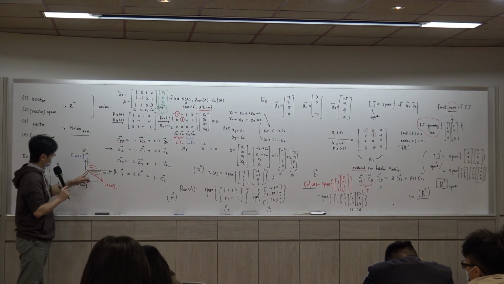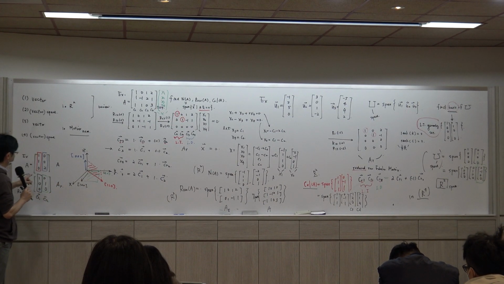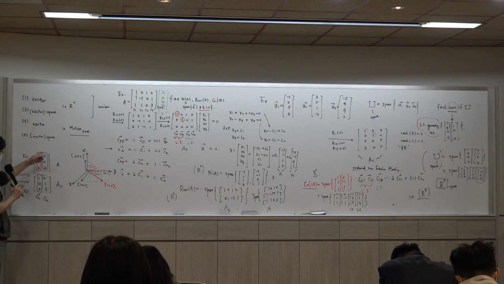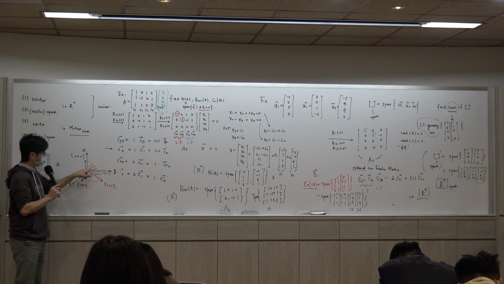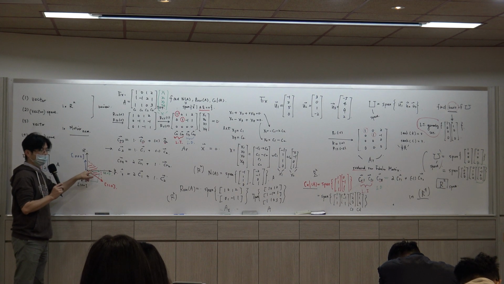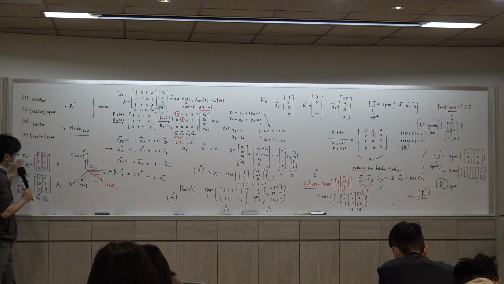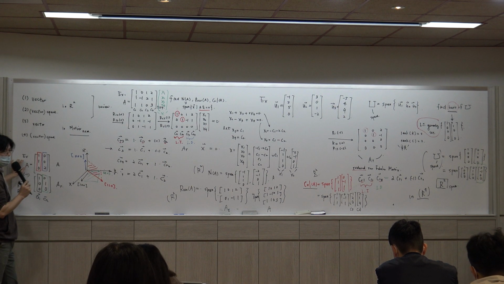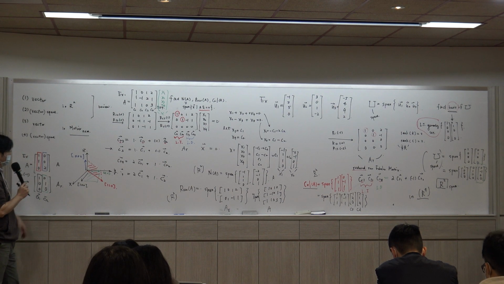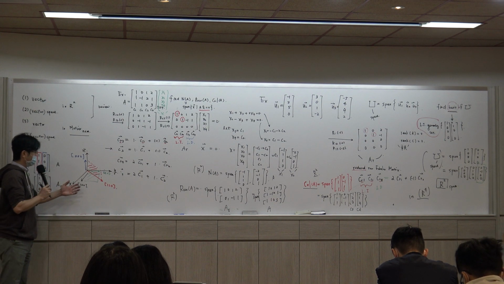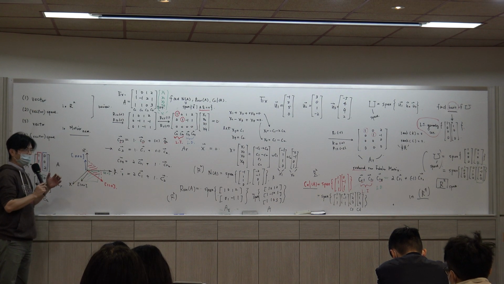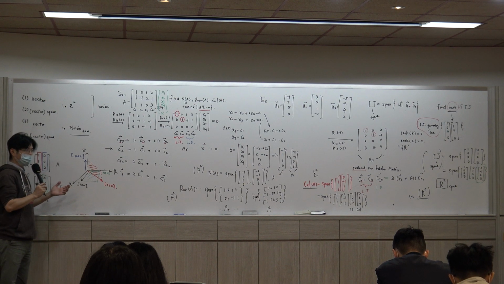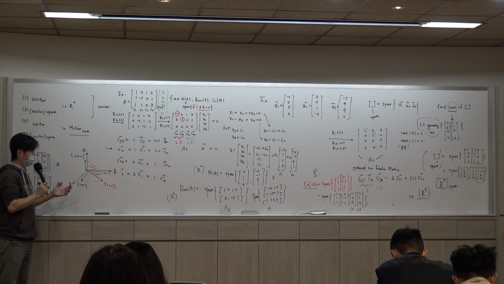So the span is spanned with column vectors in the original matrix. It's in red color, right? So it's the true column space. So we use this method to verify this idea geometrically.